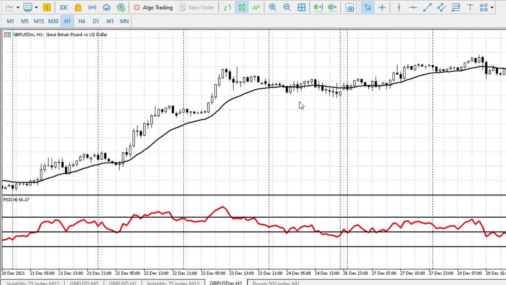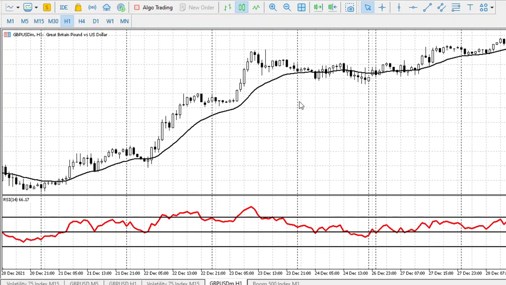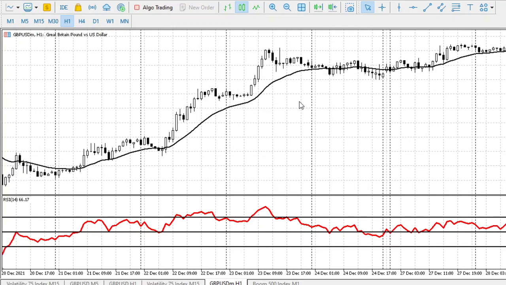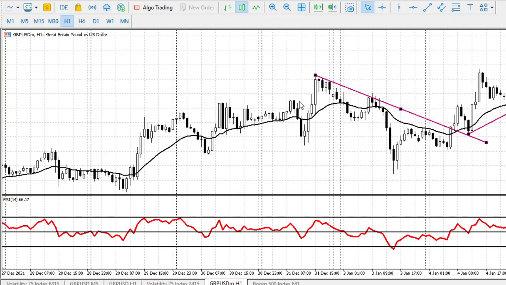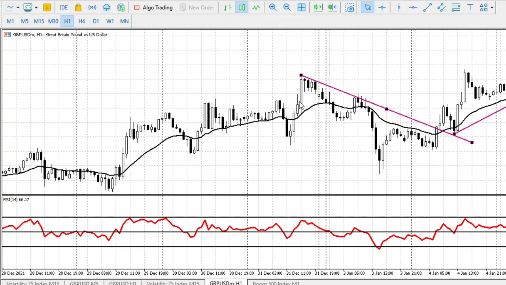The number two method is drawing trend lines on the RSI. Yes, we can draw trend lines on the RSI to confirm our trend in order to look for entries.